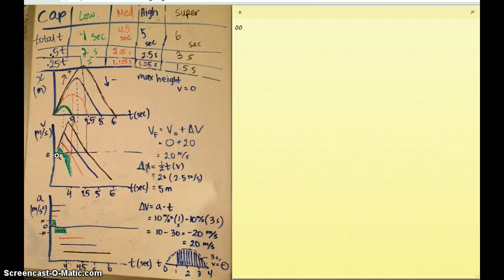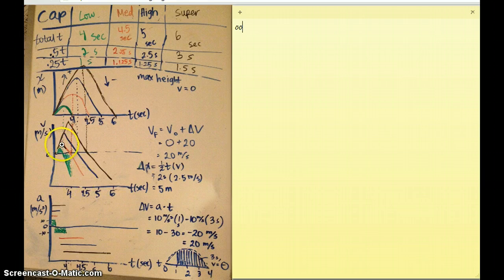So here in the velocity time graph, you'll see that the velocity was increasing, and then it started to decrease, but the direction still hadn't changed yet until around 2 seconds for the low launch. It changed directions. The rocket was coming down, and it increased its speed at a much faster rate.